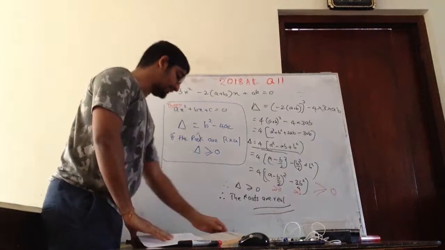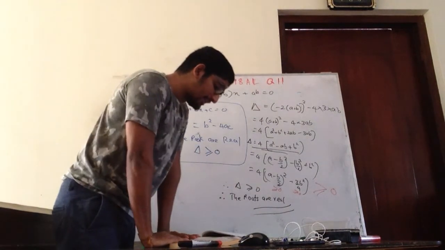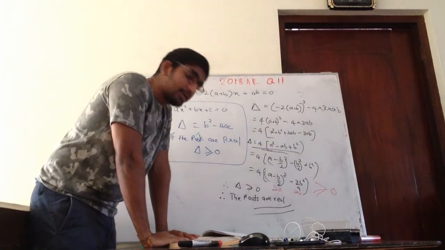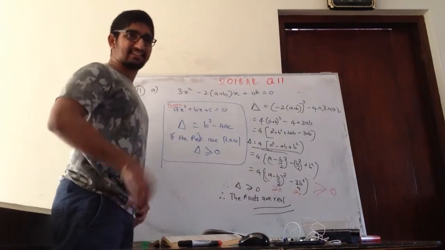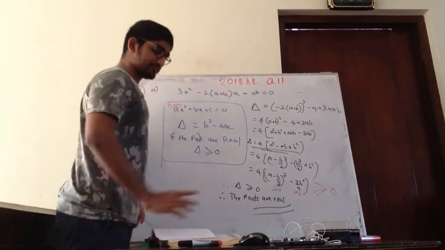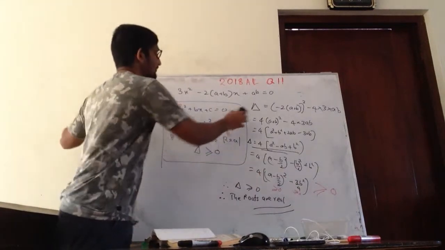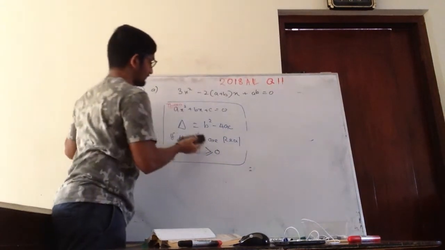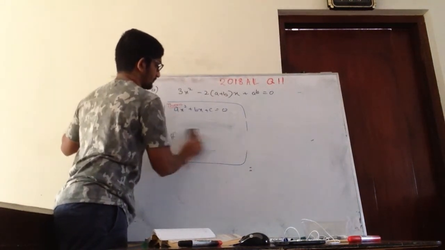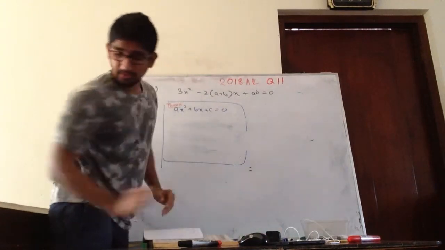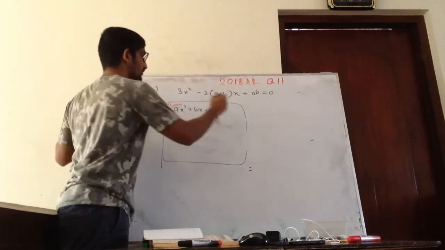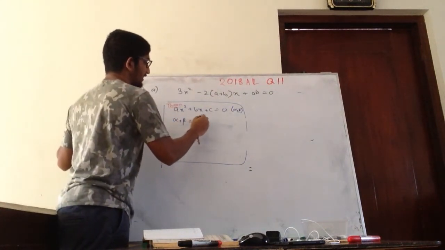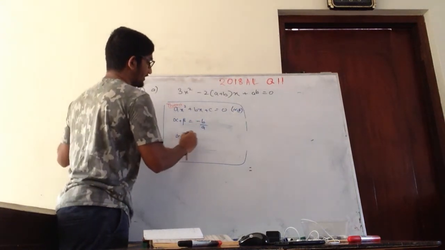Right. So next they are saying let alpha and beta be the roots. Write down alpha plus beta and alpha beta in terms of a and b. So now these are directly theory, right? I will first of all remind you of the theory. Consider the roots of these are alpha, beta. So you can write alpha plus beta as minus b over a, alpha beta as c over a.